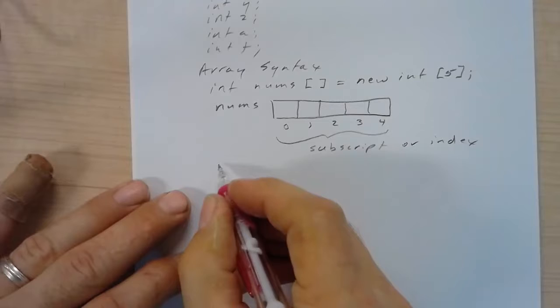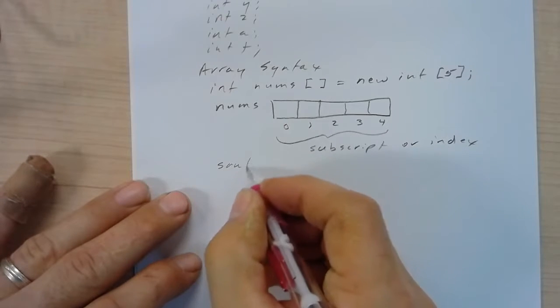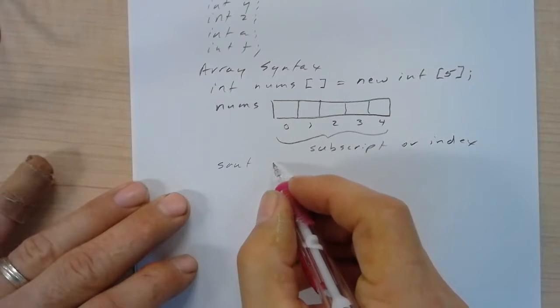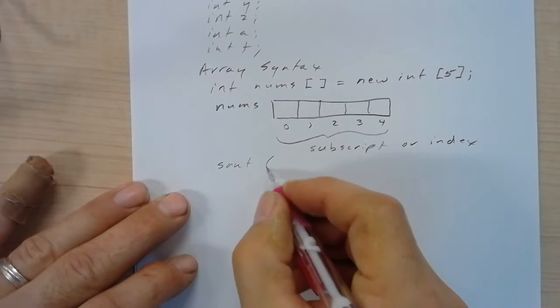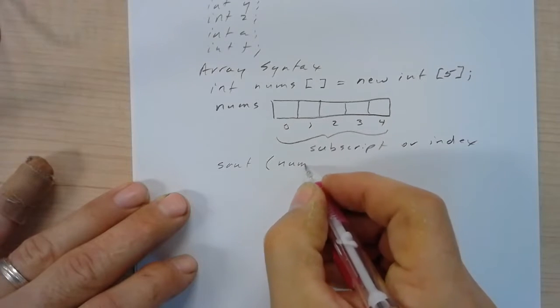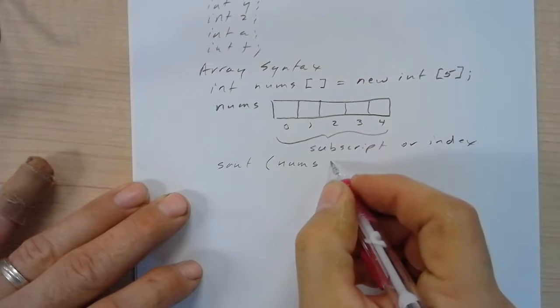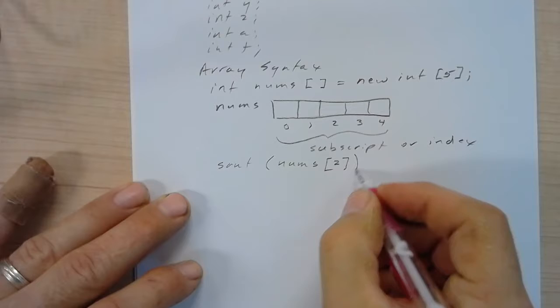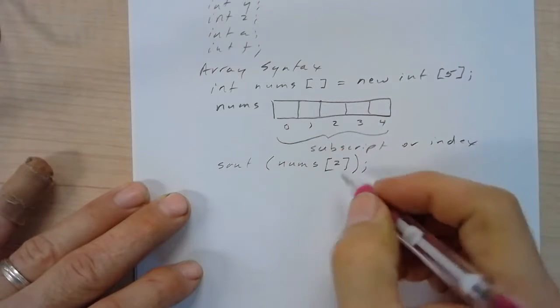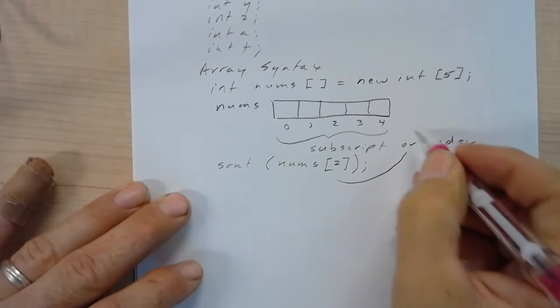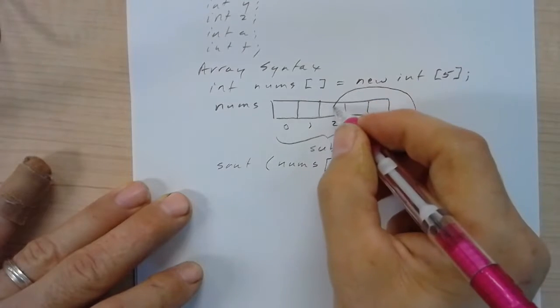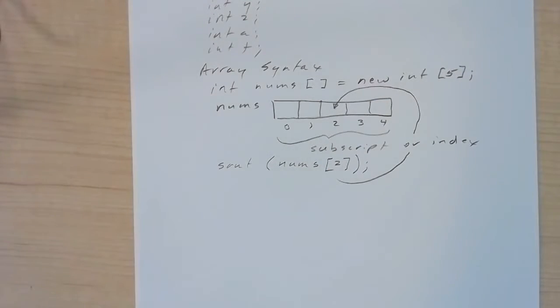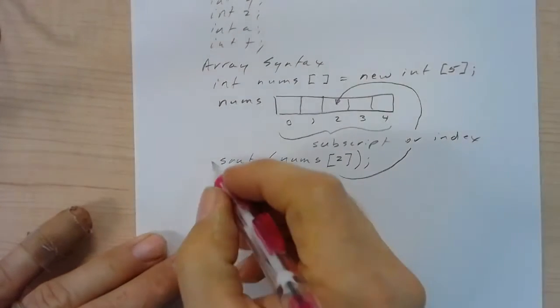So we could sysout nums at position 2, which refers to this location right here. Right now it would be an error because nums at position 2 has no value.